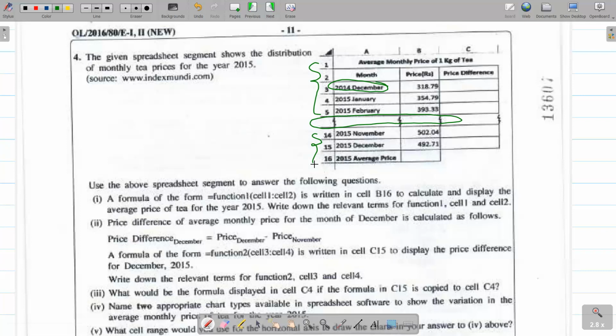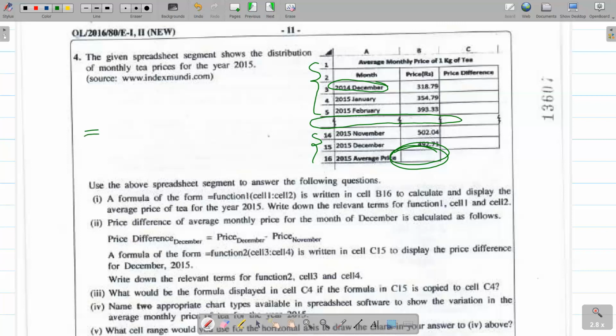Anyway, the question asks: a formula of the form function(cell 1:cell 2) is written in cell B16, which means over here, to calculate and display the average price of the tea for the year 2015. Write down the relevant terms for function, cell 1 and cell 2. Yes. So the function is going to be the average function.